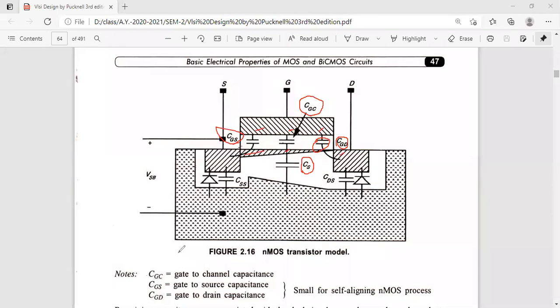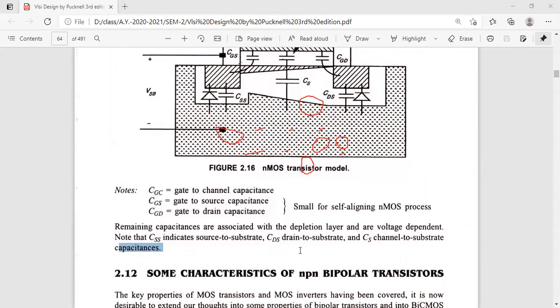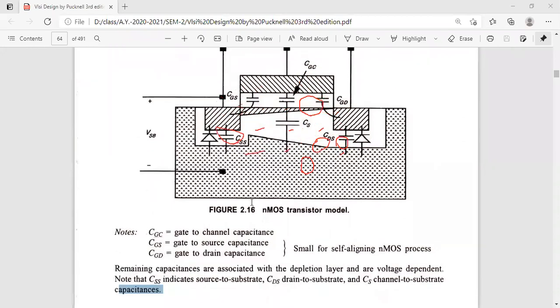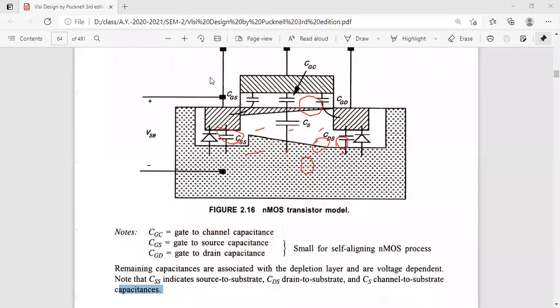You can see here we have this many capacitances. We can also have drain to substrate capacitance, which we have already seen: source to substrate, drain to substrate.